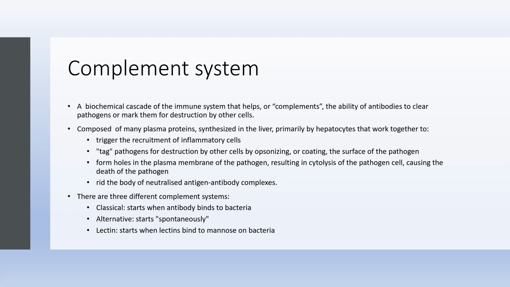Now, when we reach there and we are teaching you about the complement system, you'll be told that there are 3 different pathways. The classical pathway, which starts when the antibody recognizes the bacteria. The alternative pathway, or alternative complement system, which is spontaneous. And the lectin pathway, which is activated when lectins bind to mannose on bacteria.